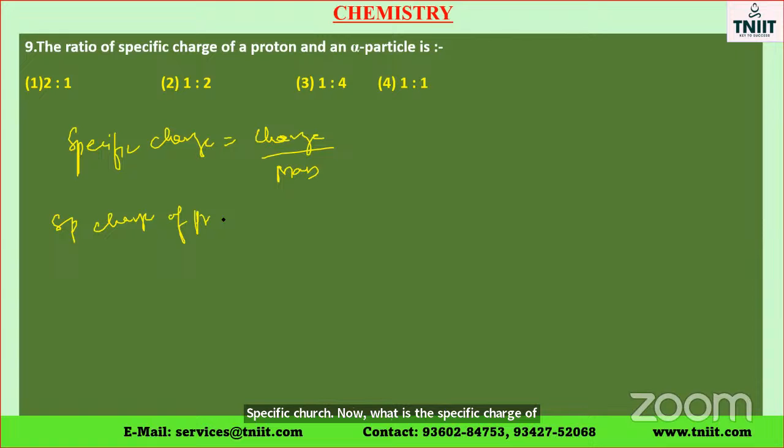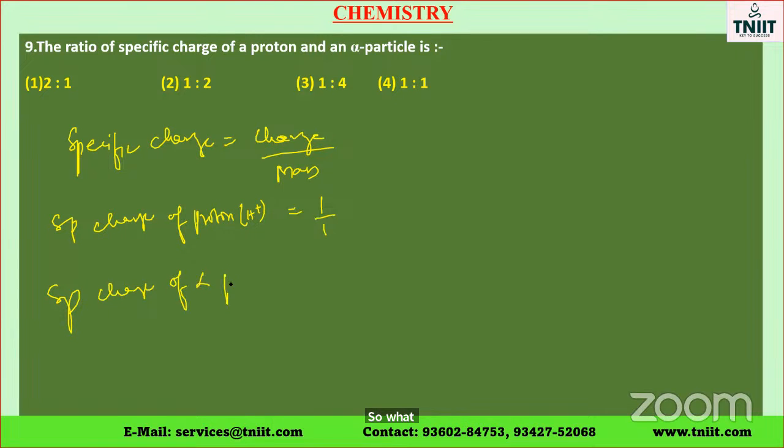Proton is H plus, so we represent it as plus 1, and the atomic mass of hydrogen is also 1. What will be the specific charge of an alpha particle? The charge on an alpha particle is 2, and the atomic mass of helium is 4.